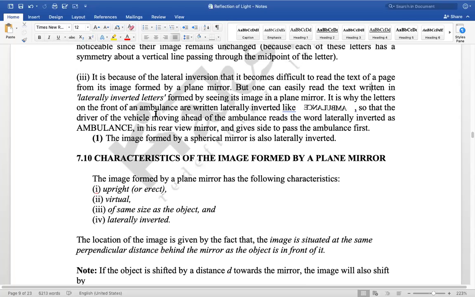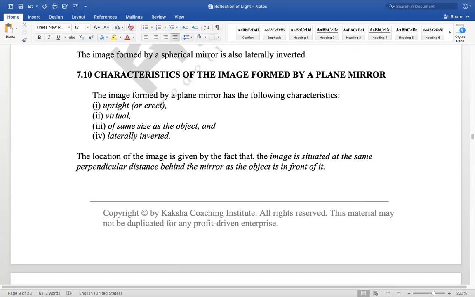It is why the letters on the front of an ambulance are written laterally inverted, like this, so that the driver of the vehicle moving ahead of an ambulance reads the word laterally inverted as ambulance in his rear view mirror and gives way to pass the ambulance first. The image formed by a spherical mirror is also laterally inverted.